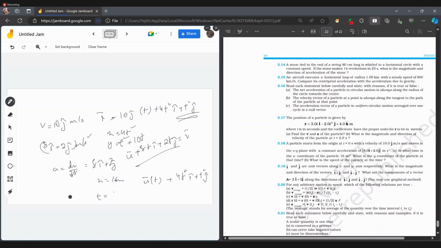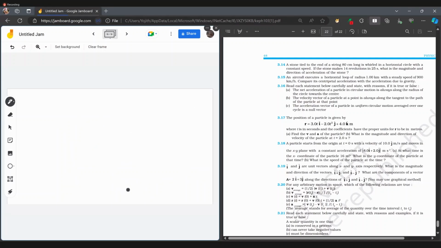Now, the speed of the particle is root over 16 square plus 14 square, which is equal to root over 452, which is 21.26.